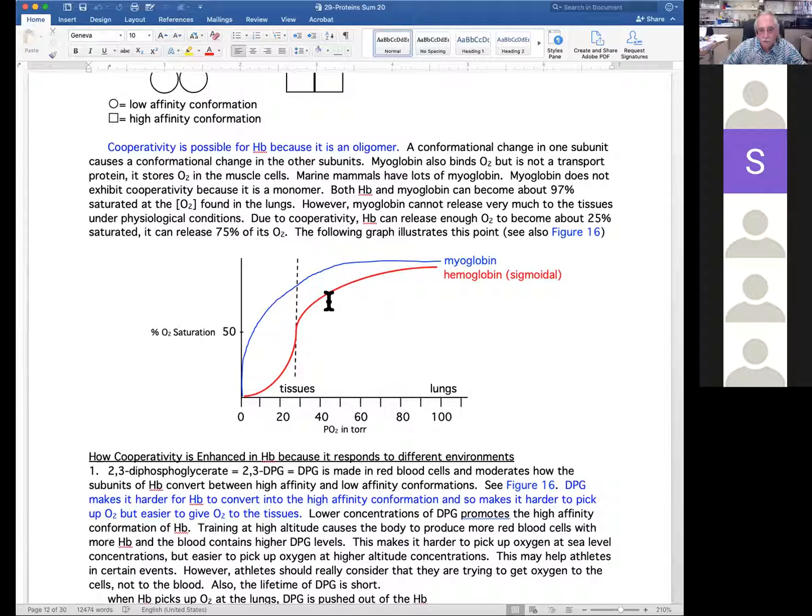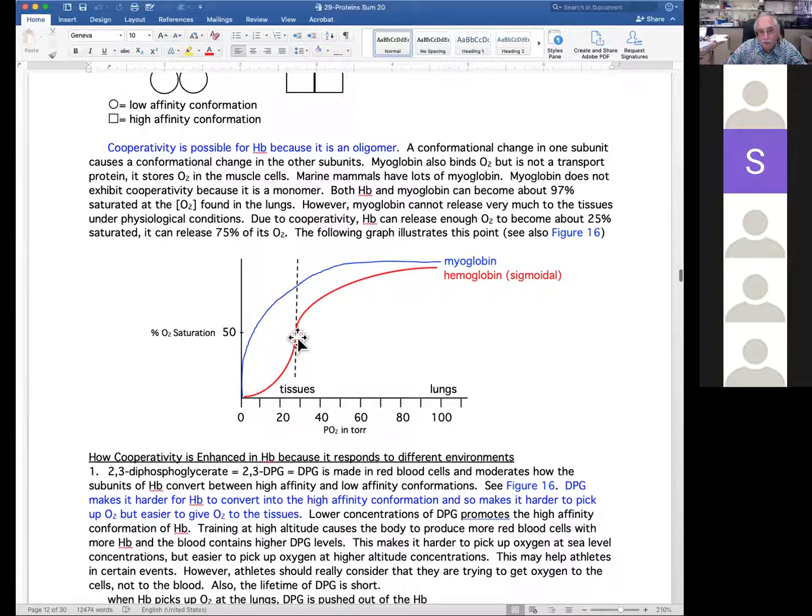So looking at hemoglobin, it's a little bit hard to get it on there, but once you start getting it on there, it goes into that mode. Everything just goes on. At the same time, it's a little bit hard to get it off. As soon as you get it over here, where the tissues are, then it will come off.